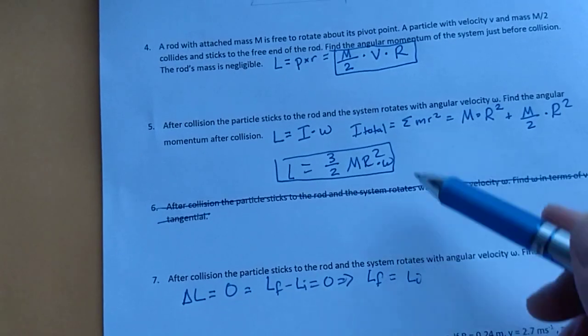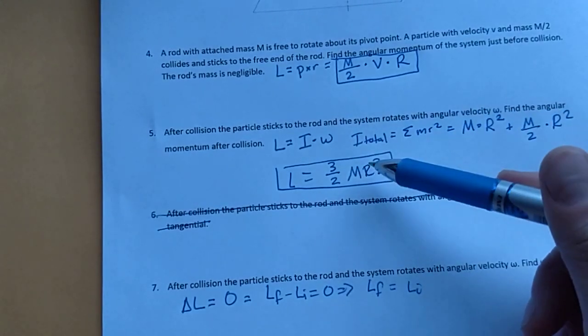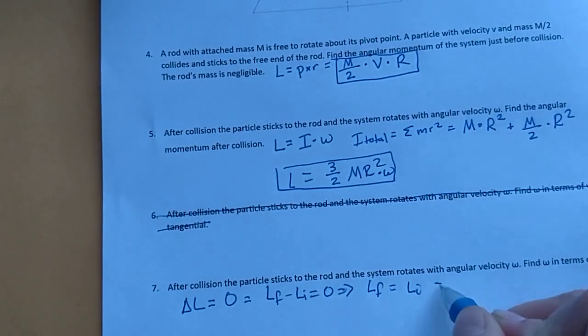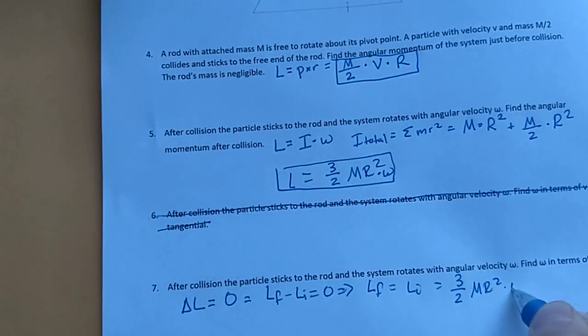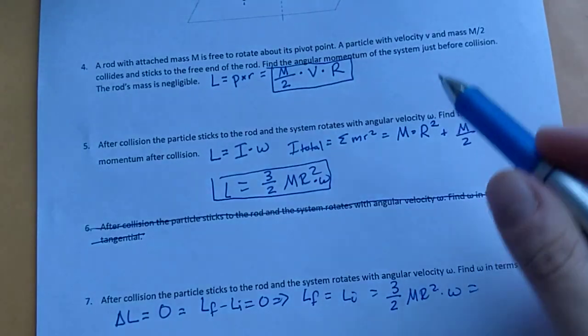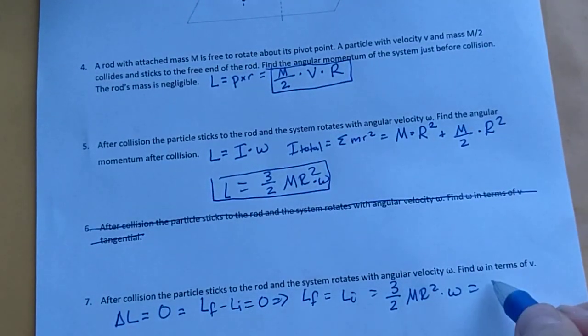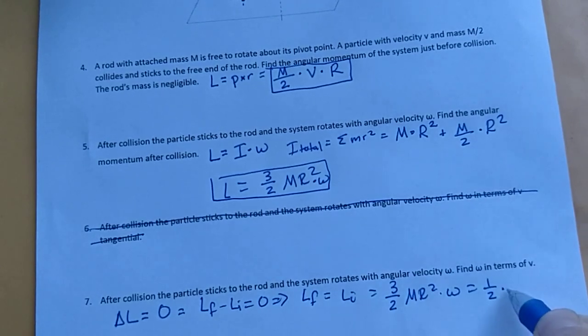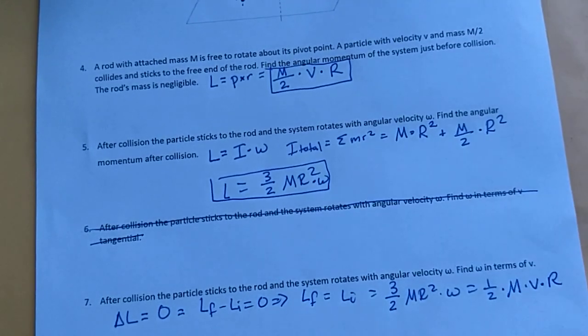So let me plug in for these two sides of the equation. The final angular momentum is 3/2 m r squared times omega, and I set that equal to the initial m/2 times v times r. So 1/2 times m times v times r.